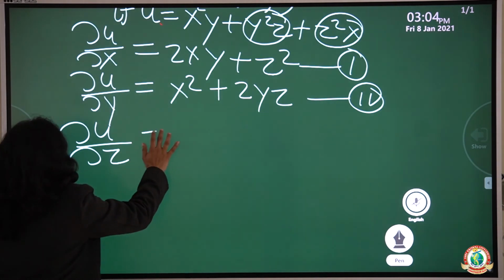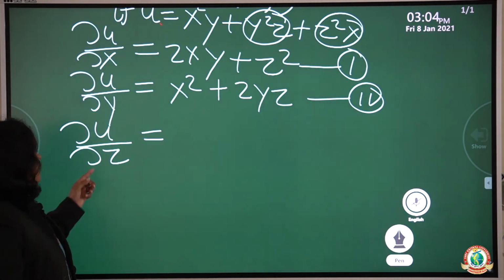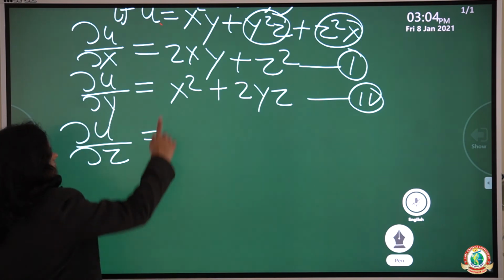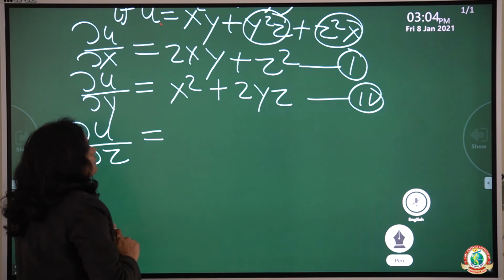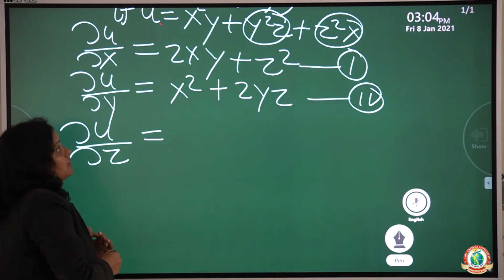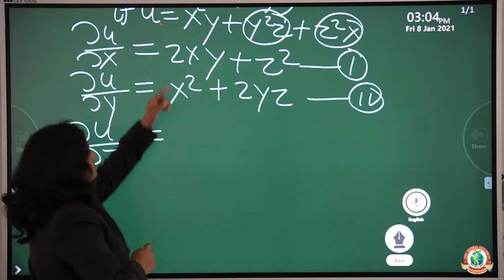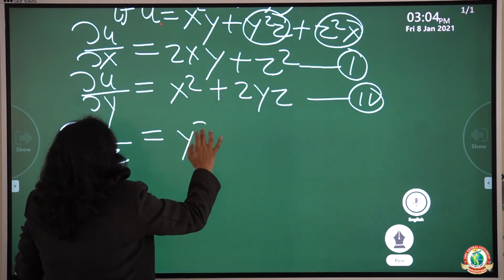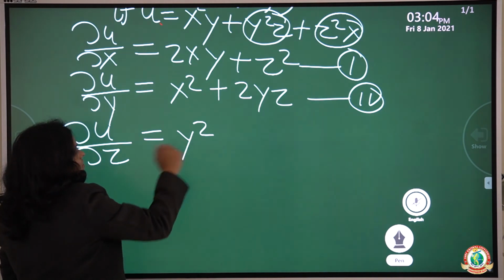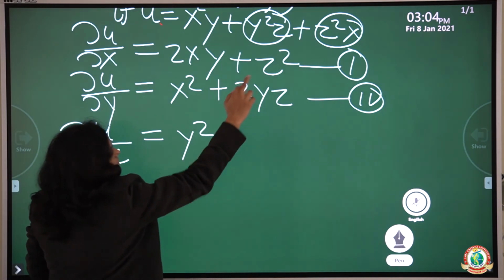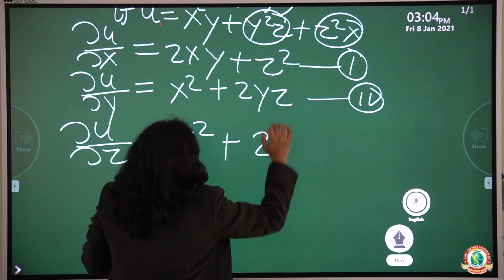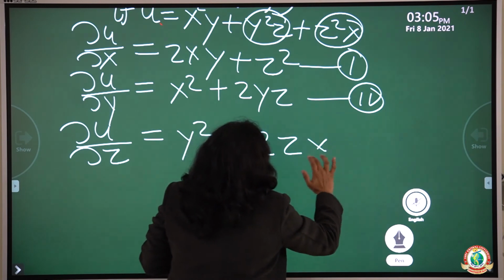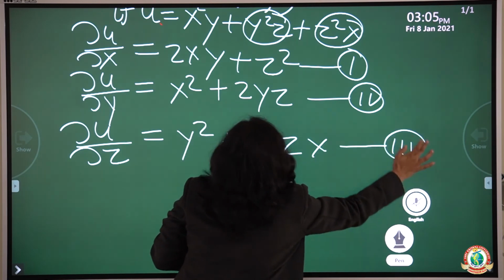It means in equation u we differentiate with respect to z. Here x square y is constant with respect to z, so this value is 0, and the differentiation of y square z is y square, plus the differentiation of z square is 2zx. This is the third equation.